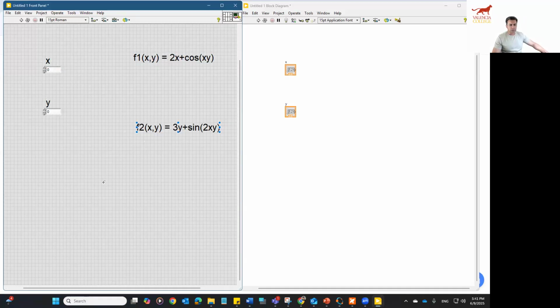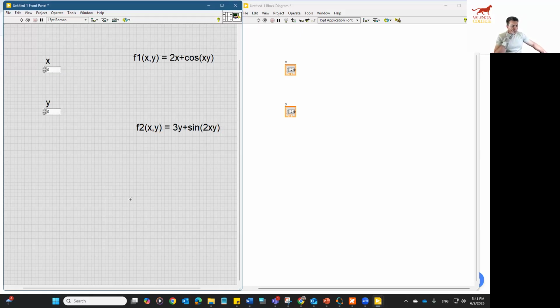You can calculate both values, of course, but let's say you have to display and choose only one value based on some condition. That's what we are going to look at: how to carry out the conditional response based on the values of x and y, or based on your choice.